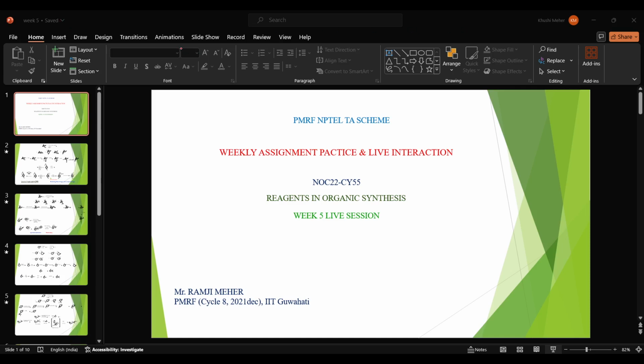So to synthesize the Grignard reagent, we have to take care of moisture. First we take the magnesium turnings and heat them at 200 or 300 degrees continuously for 30 minutes or more.